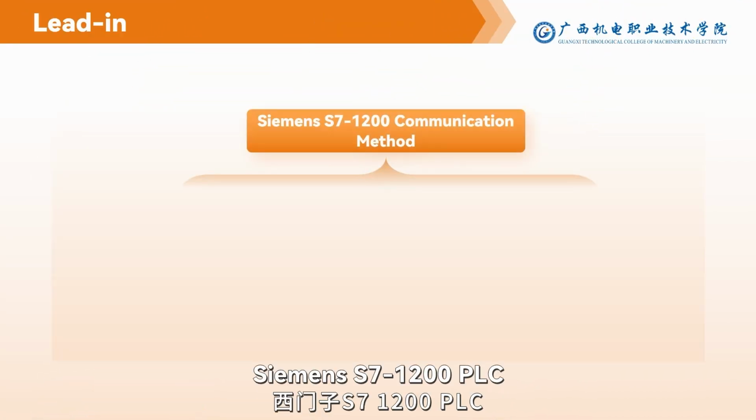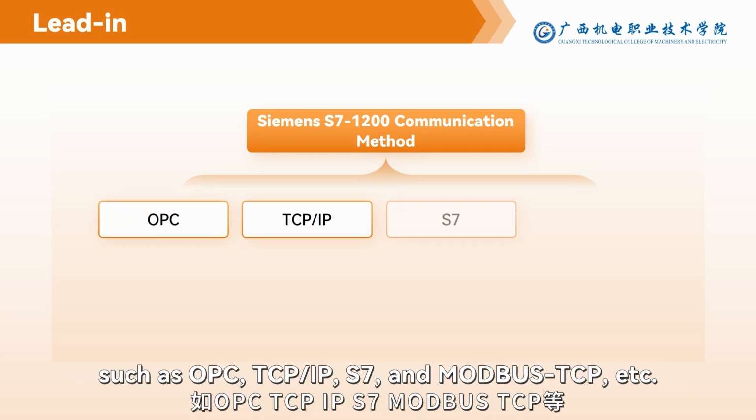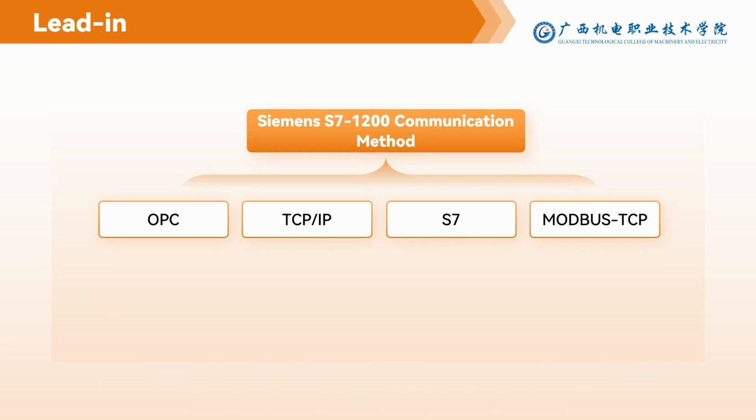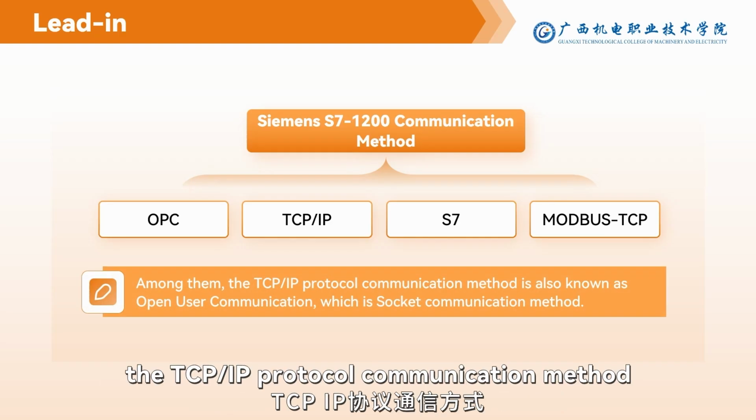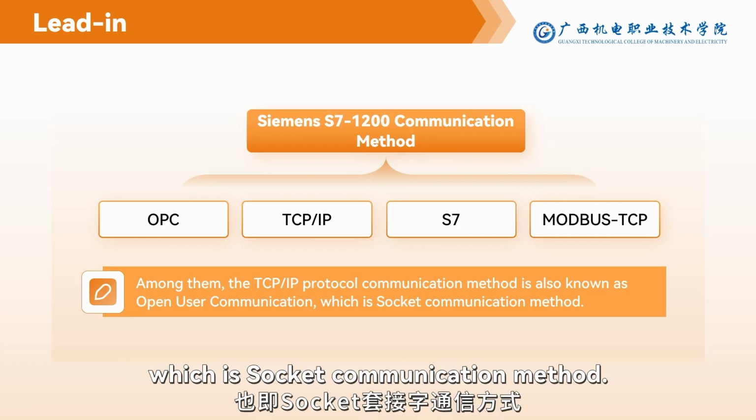The Siemens S7-1200 PLC supports multiple Ethernet communication protocols such as OPC, TCP/IP, S7, and Modbus TCP. Among them, the TCP/IP protocol communication method is also known as Open User Communication, which is the socket communication method.